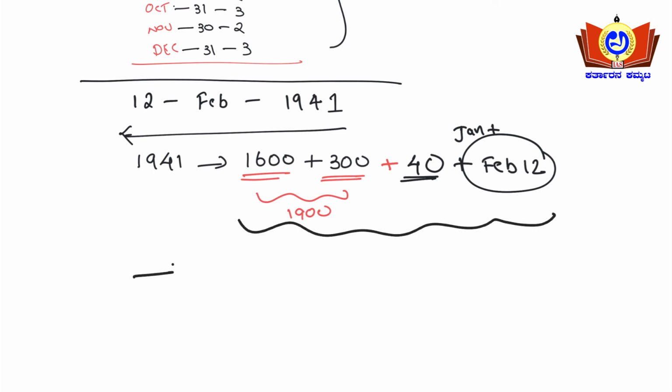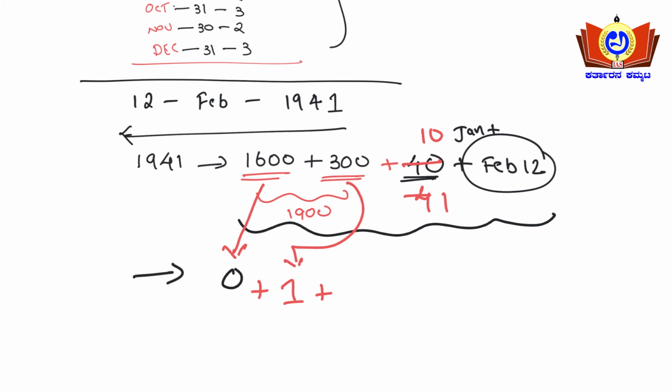Okay, so for 1600 we got, right, 0 odd days. For 1600 we got 0 odd days here. So for 300, how many odd days? Actually in the previous problem we calculated for 300, 1 odd day will be there, so plus 1 odd day. So for 40 years we need to calculate it, right? So 40 divided by 4 we will do. 4 1s are 4 and 4 10s are 40.